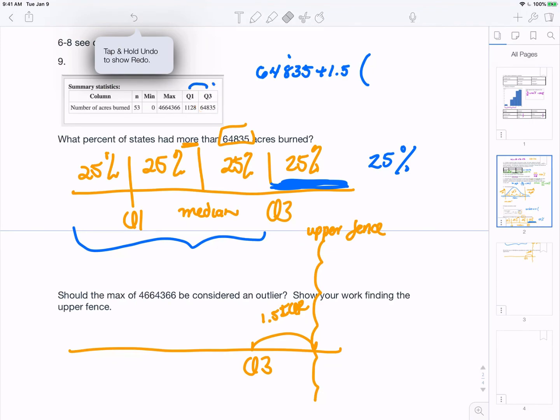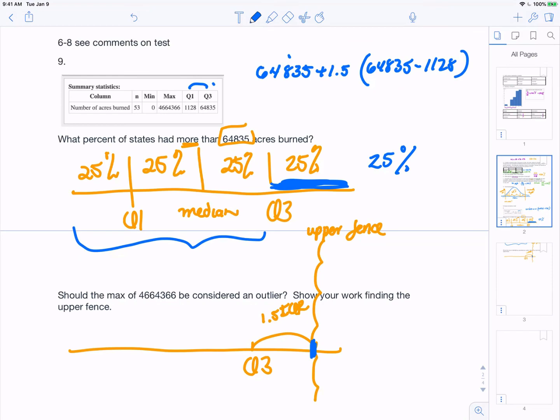So we would have 64,835 minus 1128. And what that computation tells you is where this upper fence is. If this value is outside the fence, it will be considered unusual. If that value is not over the fence, then it's not unusual.